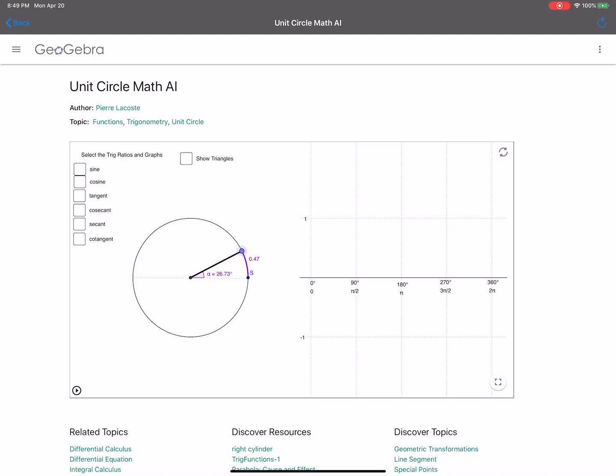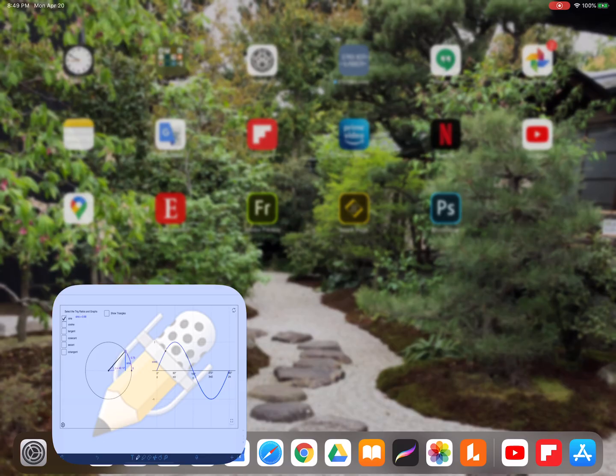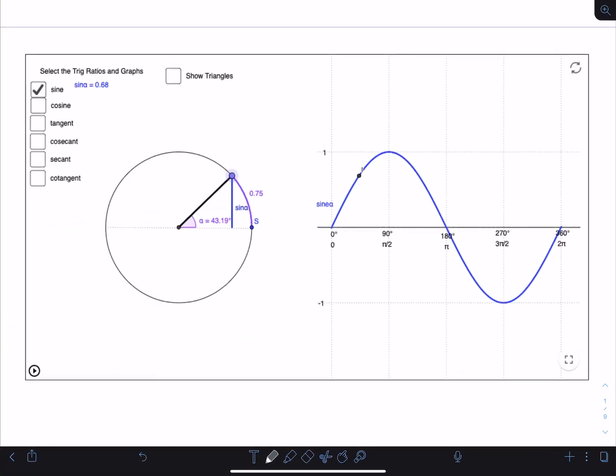We've used sine before in just straight up trigonometry, right? If you recall, we've used sine for things like this triangle here.